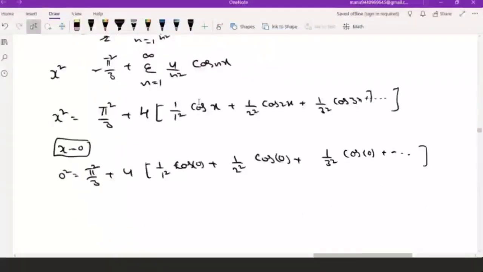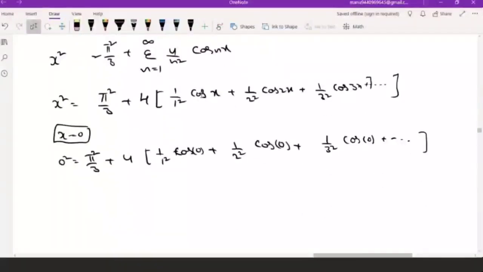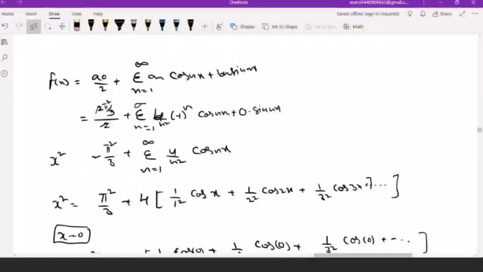That means cos 0 value is 1, that is 0 is equal to pi square by 3 plus 4 of, sorry, I forgot to write minus 1, no? So here minus 1 to the power of n. So here minus, this one is plus, here minus, alternate signs.